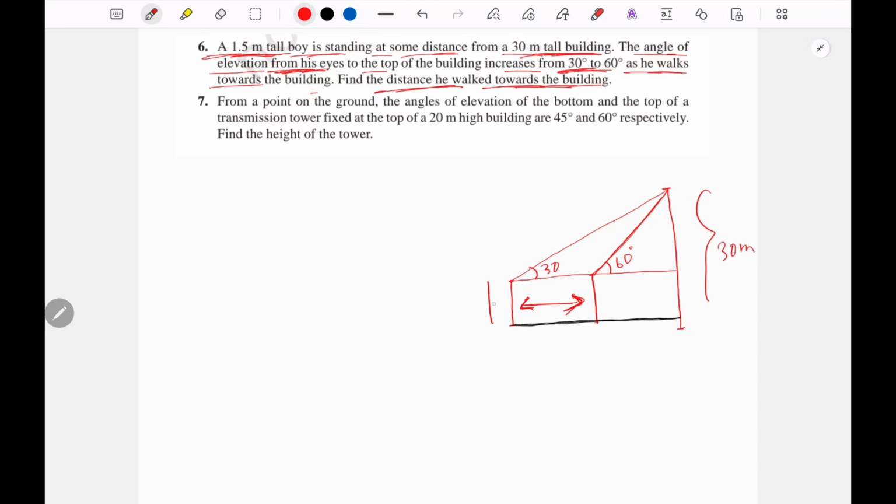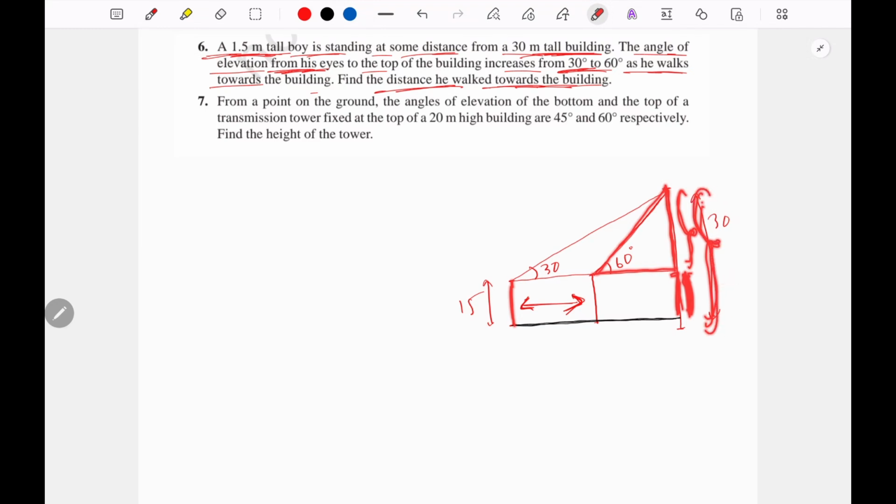This is the height of the boy, this is 1.5, and this is the height of the building, which is 30 meter. Now from this triangle we can calculate the value of this side, since the total is 30 meter. Now if we subtract 1.5, since this and this are the same, this one is 1.5.